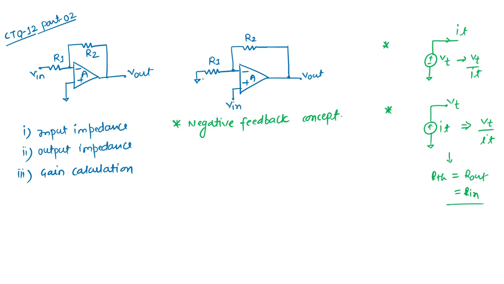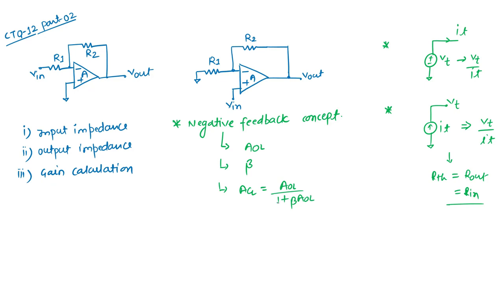The negative feedback concept is very important, and here we'll use three things we already discussed in CTQ 11. We'll use the complete open loop gain, then we'll find the beta. And after that, for the closed loop gain, we simply use AOL divided by 1 plus beta AOL.